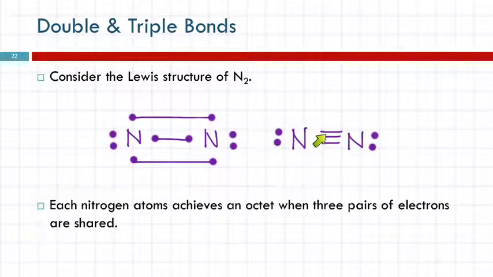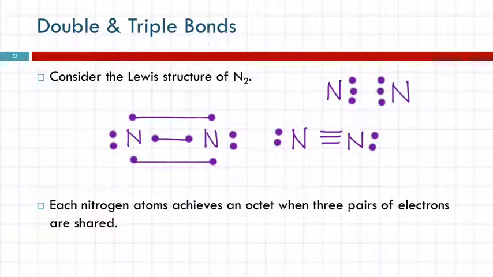Where we understand that these lines represent a pair of electrons. So let me draw that out. We still have the same number of dots, but when we share these, they count for both.